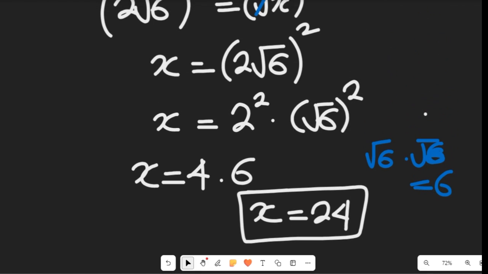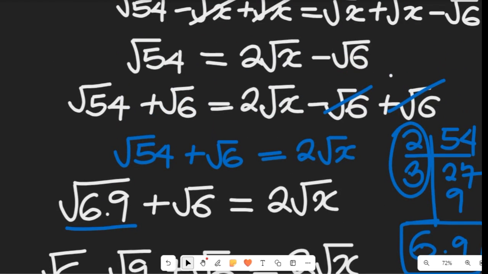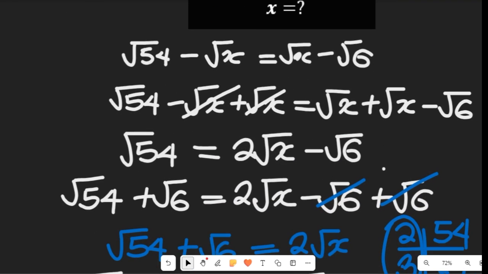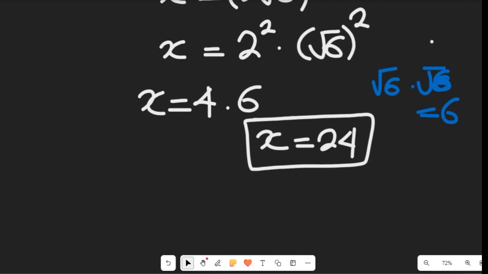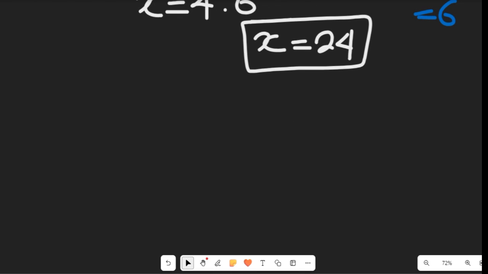Now let's check to see if our solution is absolutely right. We are going to take the value of x equal to 24 and insert it into this expression to see if it will give us the result on the right hand side. Let's check. In order to check, let's take the value of x equal to 24 and insert it into that expression.